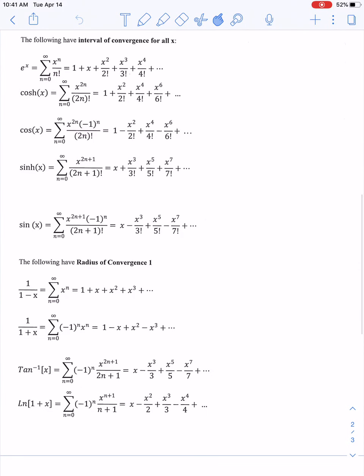And now the very last common Maclaurin series expansion I'm going to get is 1 over 1 minus x.